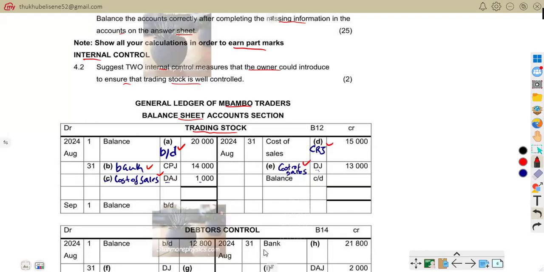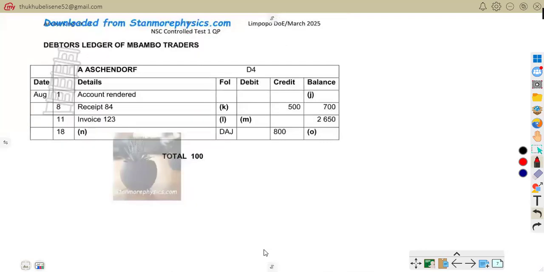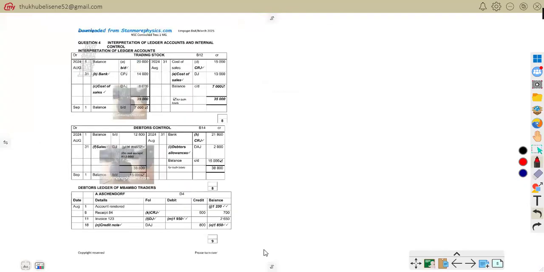So hope we get straight to what was expected. We can even go to our answers here. Question 4. As you can see, this is the balance brought down that we're talking about. This is the bank, cost of sales, and this is CRJ as well as cost of sales. Now we have to have a balance carried down. We have to make sure that we balance that.